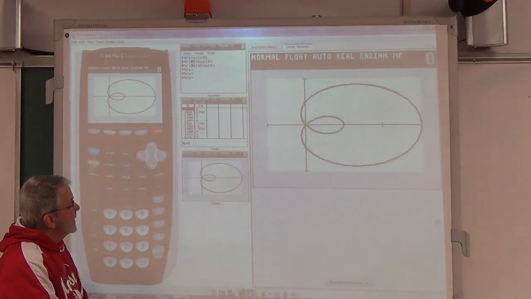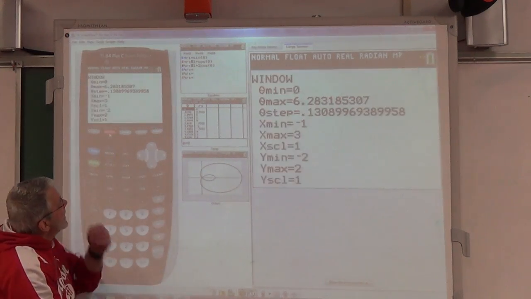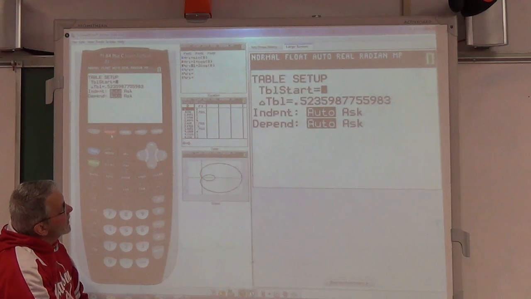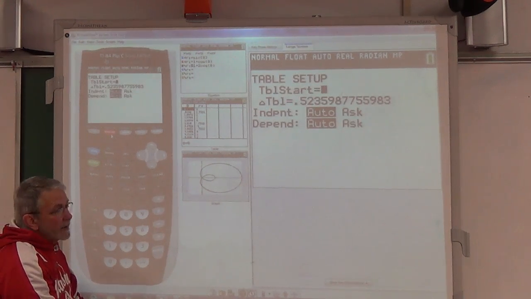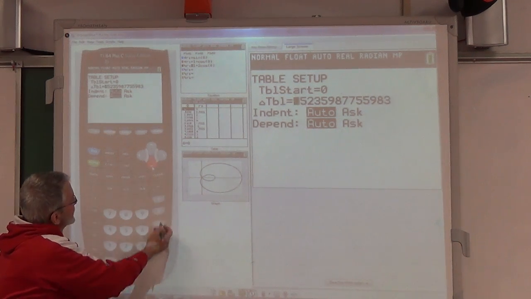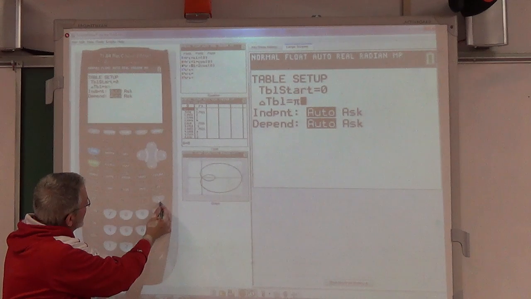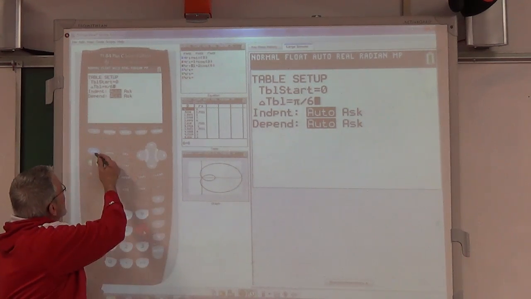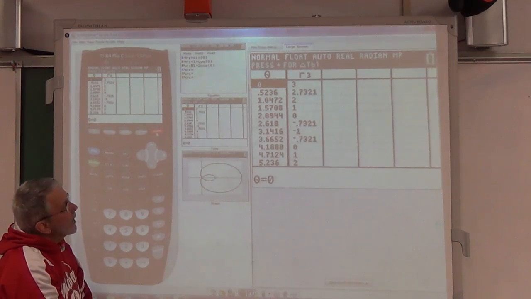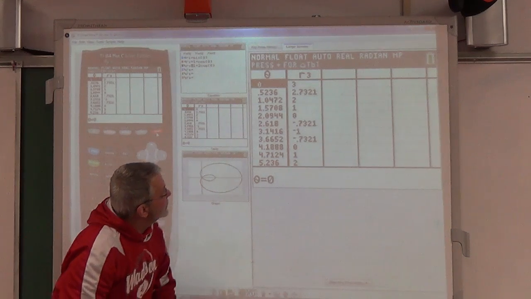Well, let's look at the table. I have my table starting at 0, and I'm going to go in increments of pi over 6.